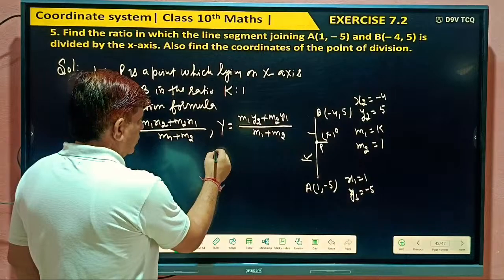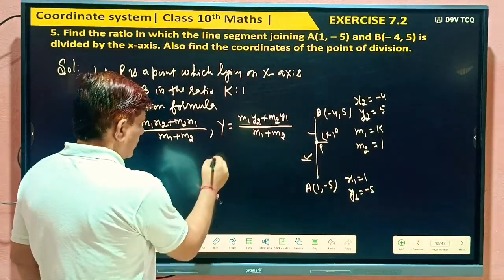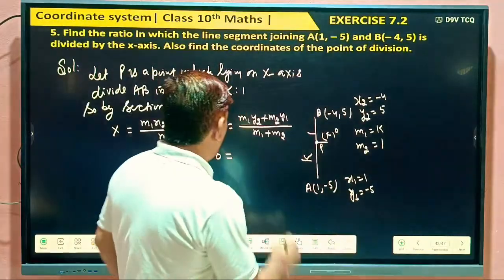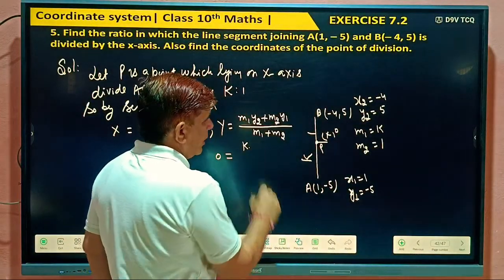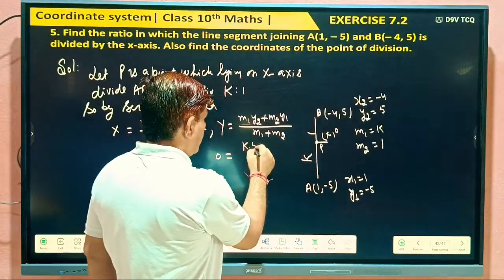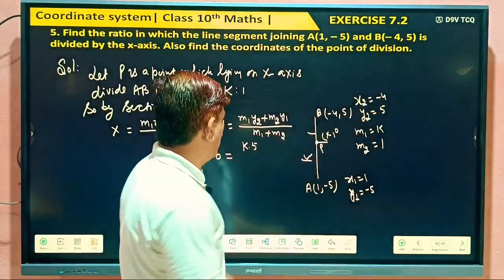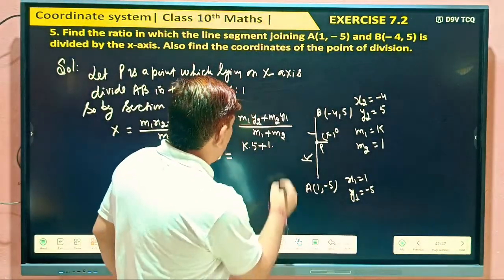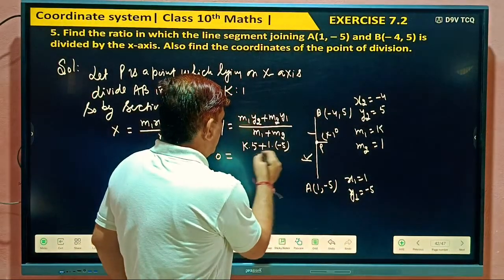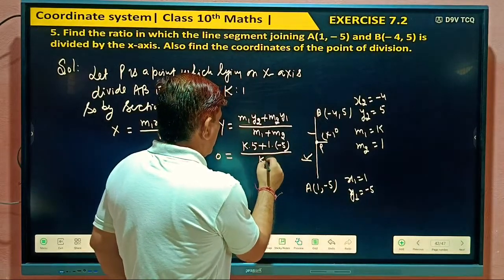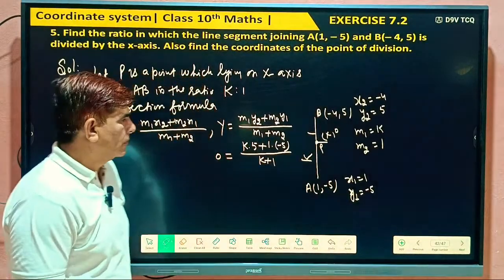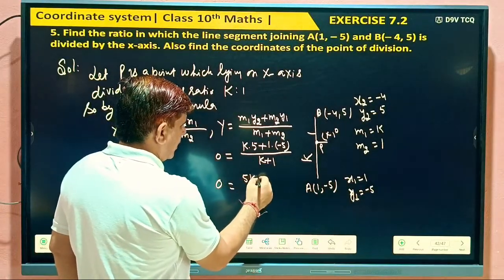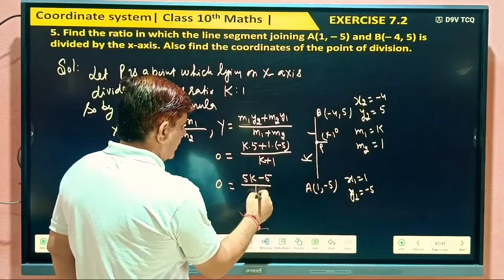So 0 equal to (m1 k, y2 is 5, plus m2 1 into y1 minus 5) by (k plus 1). So this becomes equal to (5k minus 5) by (k plus 1).